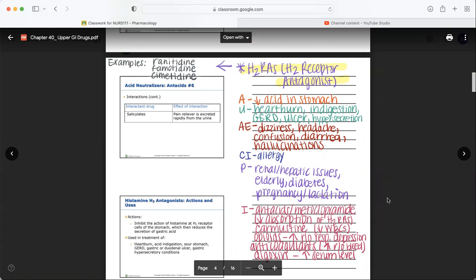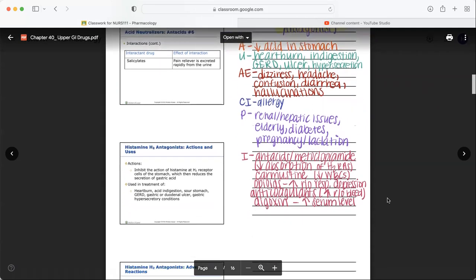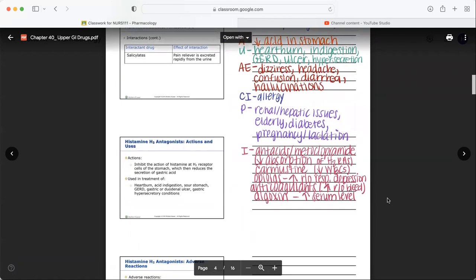We want to be careful in people with renal or hepatic issues, the elderly, people who have diabetes, and the pregnant or lactating mamas. Interactions include antacids or metoclopramide, which is Reglan, because they're going to decrease the absorption of H2RAs. Carbamazepine is going to decrease the white blood cell count, so that's not good.